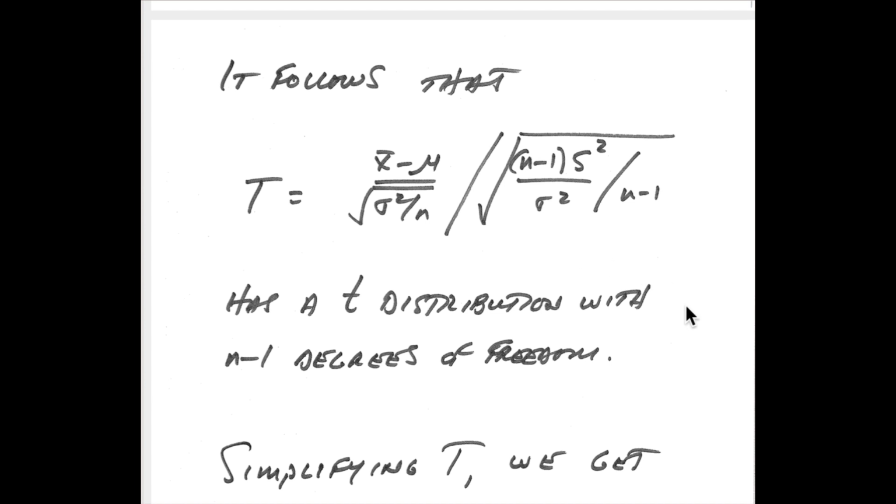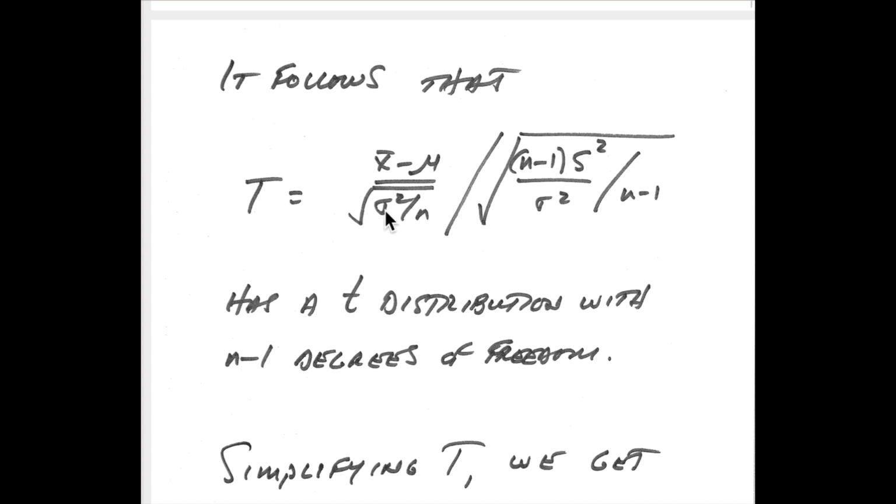But now notice that we can simplify this. We have an n minus 1 underneath the square root sign in the denominator, and an n minus 1 in the numerator, so that n minus 1 cancels with that n minus 1.